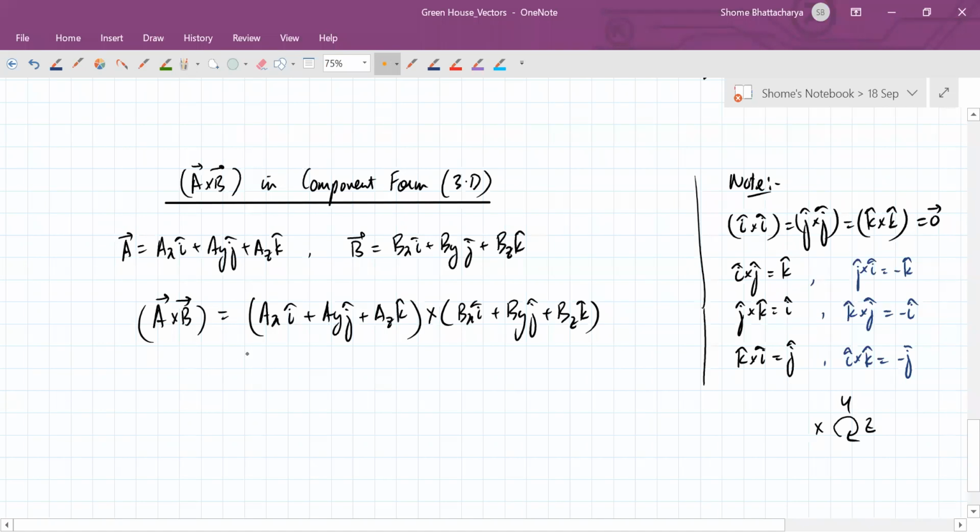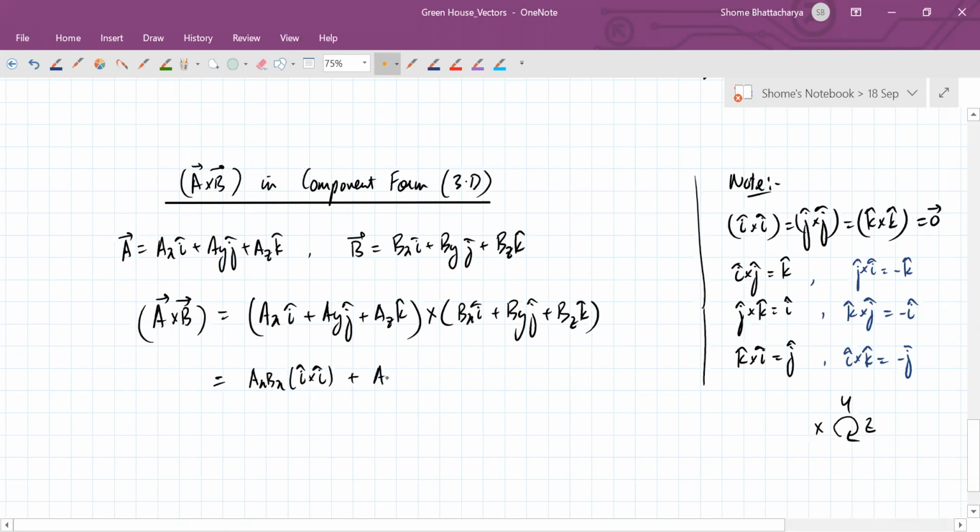So when we open this bracket, AX BX will go with I cap cross I cap, which is 0. Let's write it like this. The first term from here and the first term from here will give you 0.